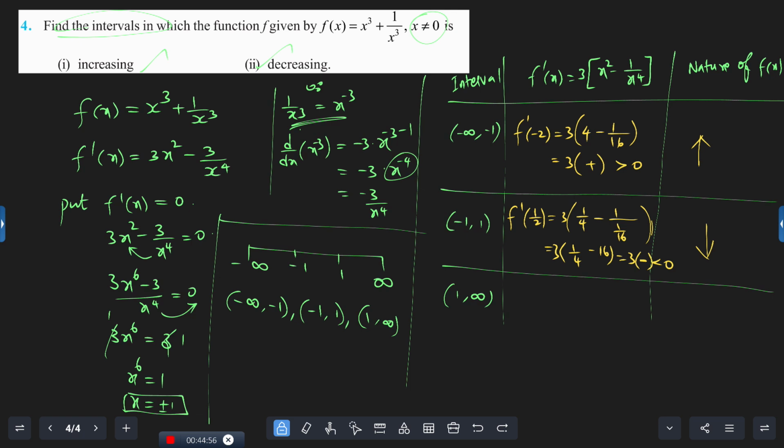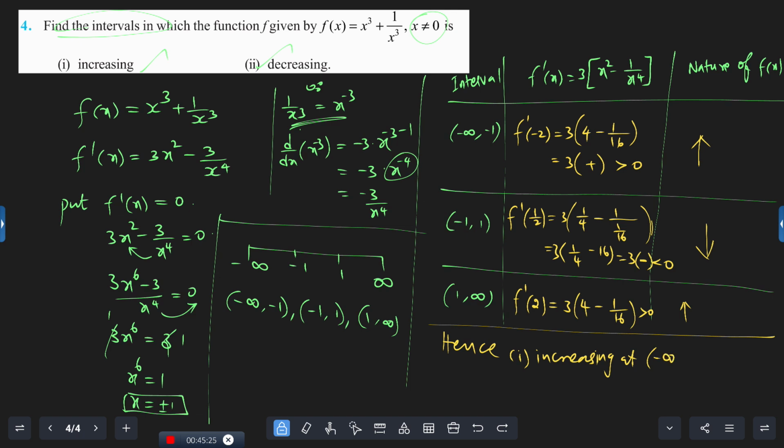So for 1 to infinity I will take 2. 3 into 2 square is 4, 2 power 4 is 16, again positive. This is greater than 0, that is increasing. Hence, increasing where we get first and last: minus infinity comma minus 1 and 1 comma infinity.